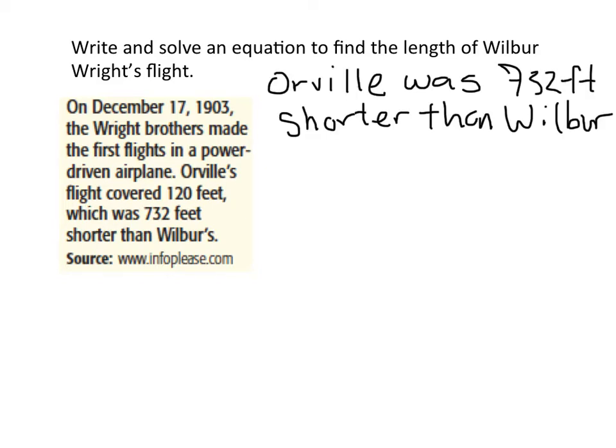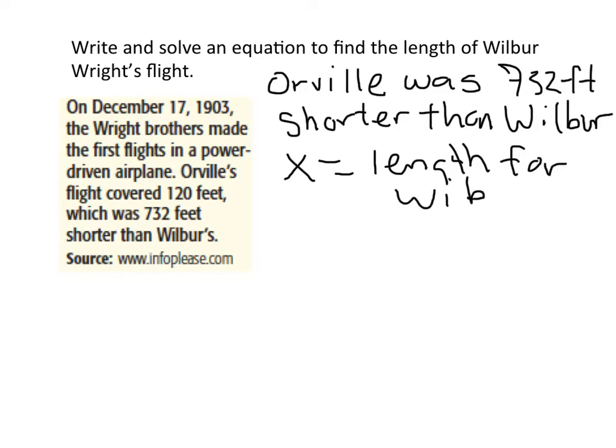Here's what I do know. Orville was 732 feet shorter than Wilbur's. Alright, so that means I don't know what Wilbur's is. So I'm going to use an x to represent the length of Wilbur's flight. Okay, once again, Orville was 732 feet shorter than Wilbur's.